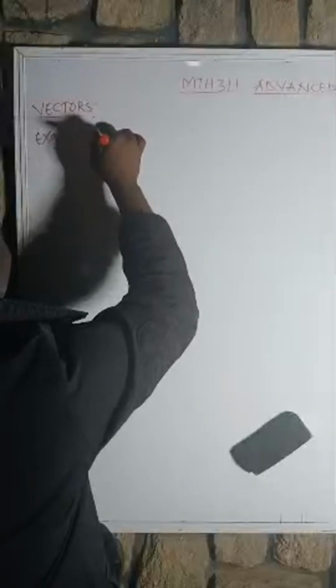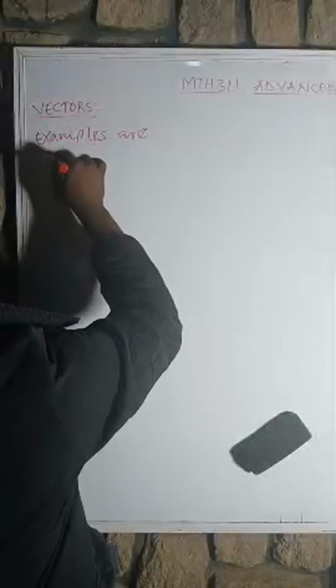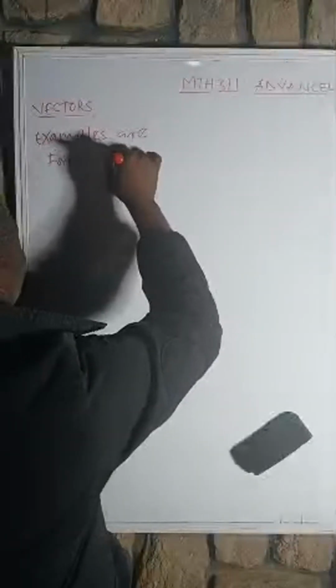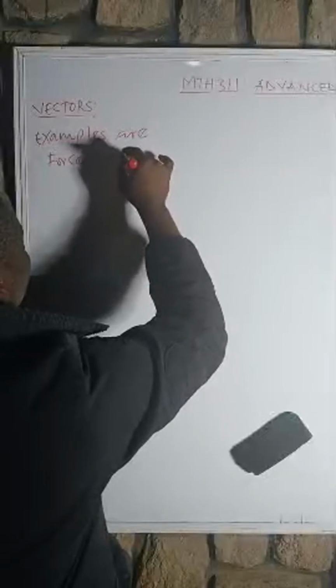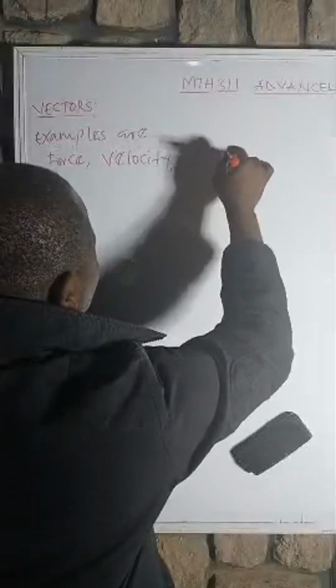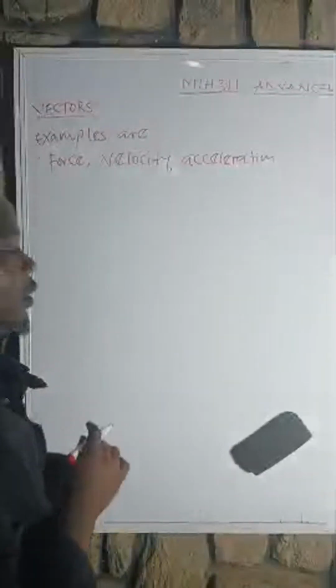Examples of vectors are force, velocity, acceleration, etc. That is vector.